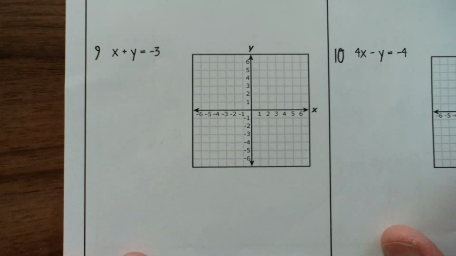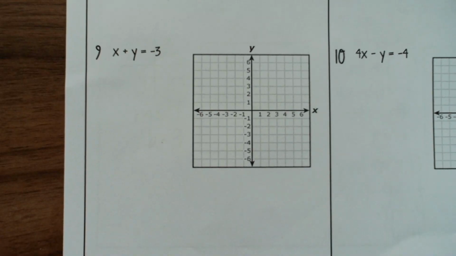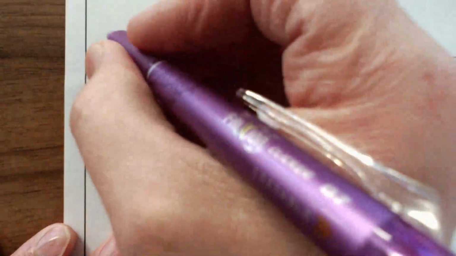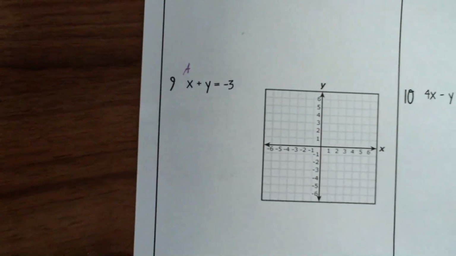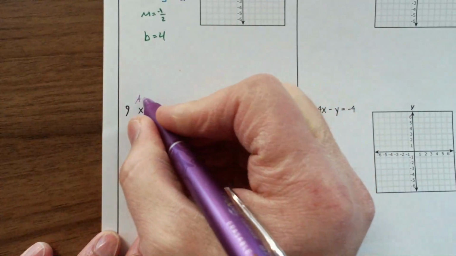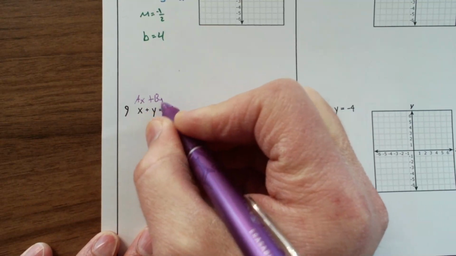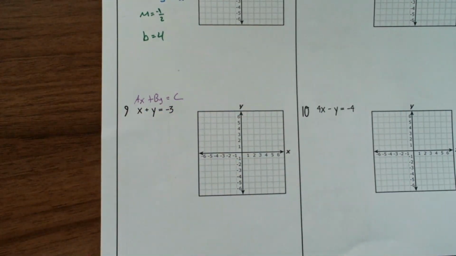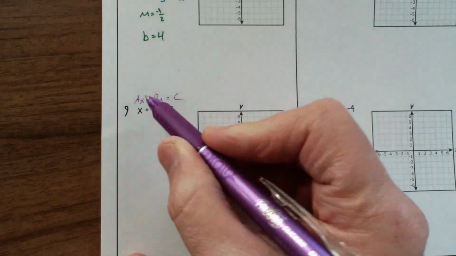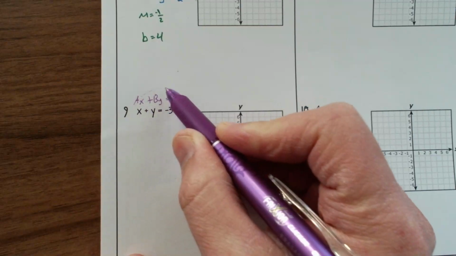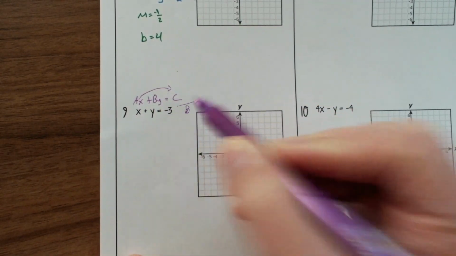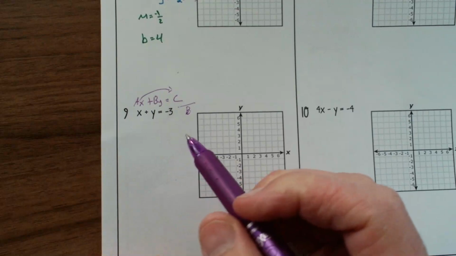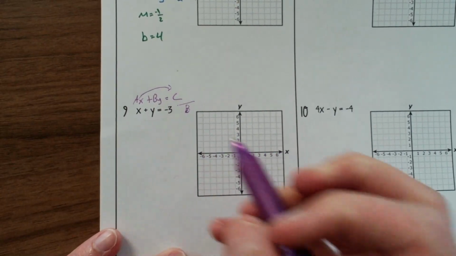Again, standard form should be written as Ax plus By equals C. The pattern's always the same: you move the A and the X to the other side, and then you divide everything by B. So in this problem, I have x plus y equals negative 3.